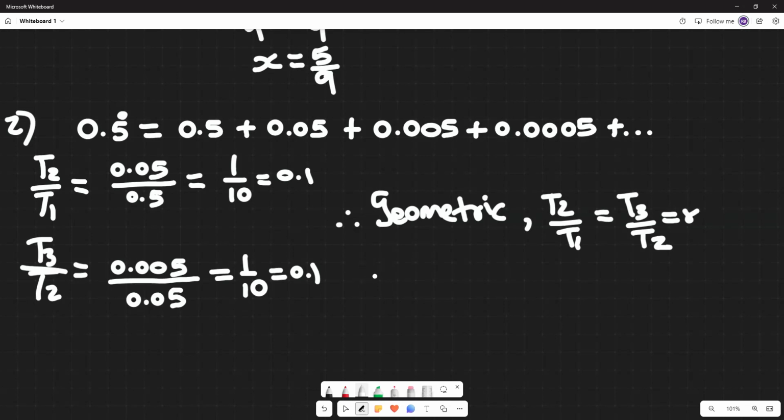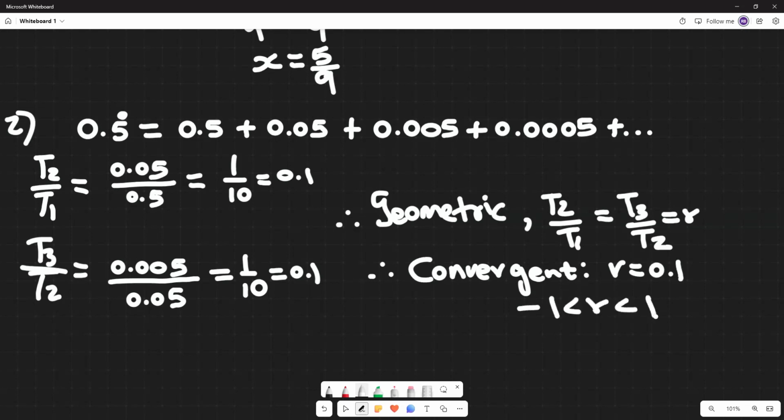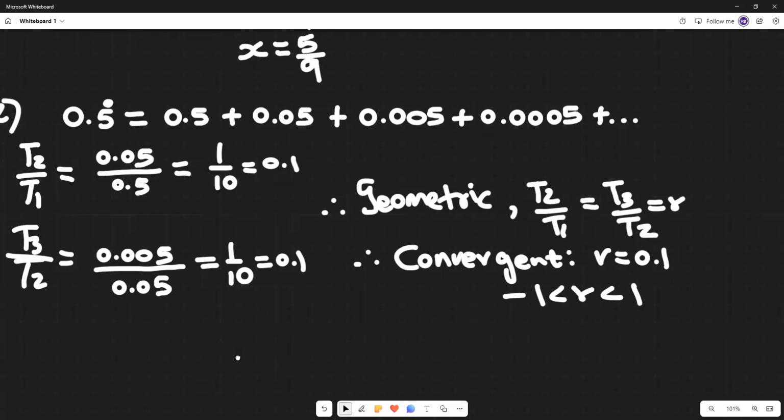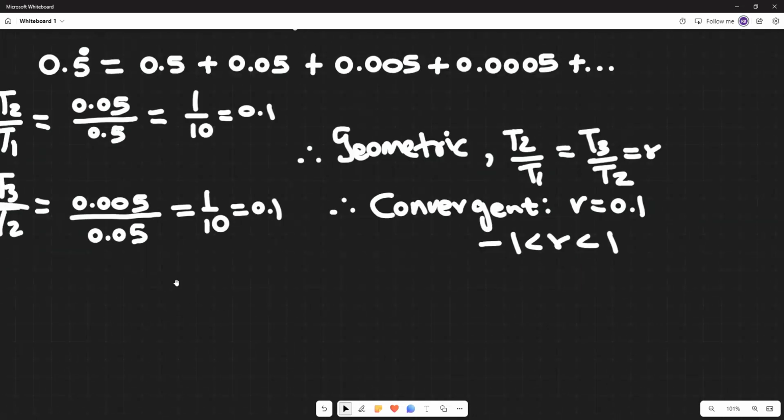And then we can conclude that this is convergent. Why? Because r is 0.1, which is in between this interval. Remember, for us to have convergent, we must be in this interval. And then from there, if we have convergent, I can see that this guy here is this plus that plus that plus that to infinity.